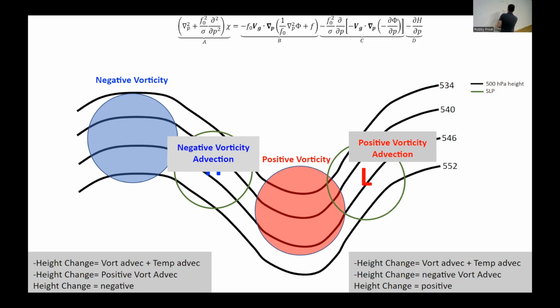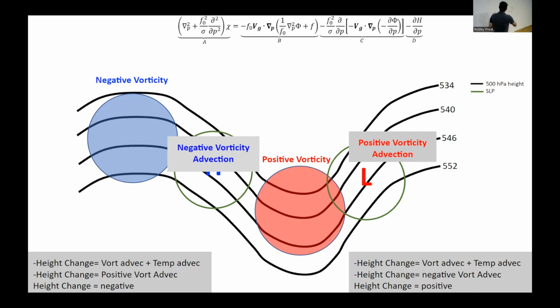We've got a negative H change against a negative there. What do you get with two negative signs? Positive, exactly. So our height change is positive over time, simply because we're moving negative vorticity to that point over time.